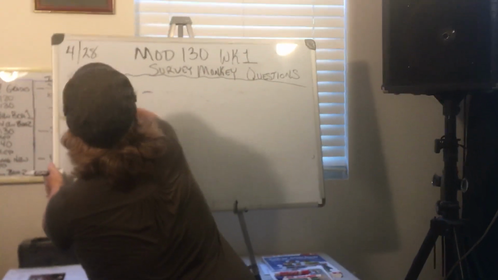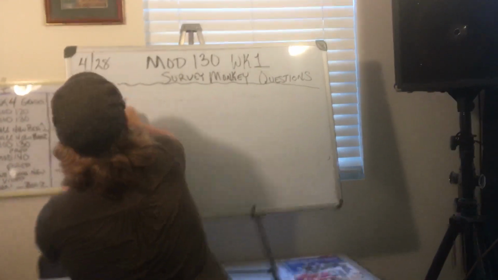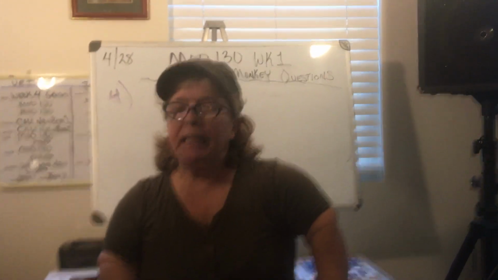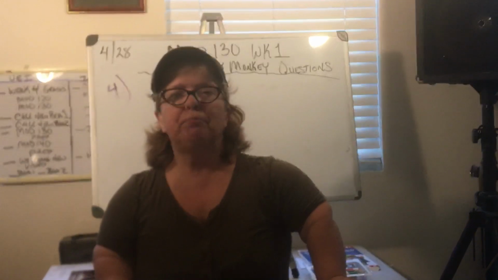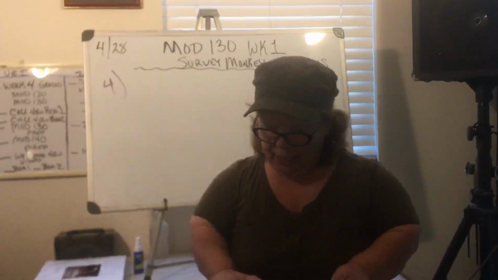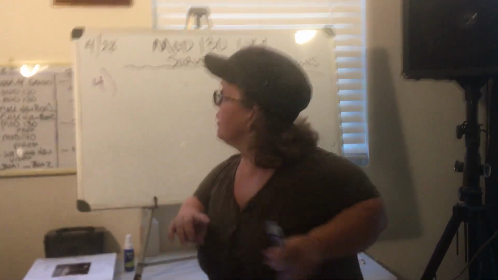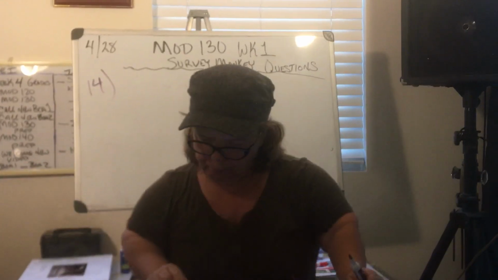So let's move on. Number 4. Number 4, the American economic system is best described as what? Now this one's going to be a little bit more challenging to find. It's on page 14.